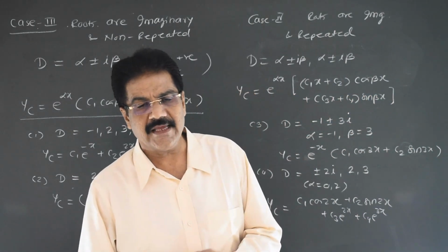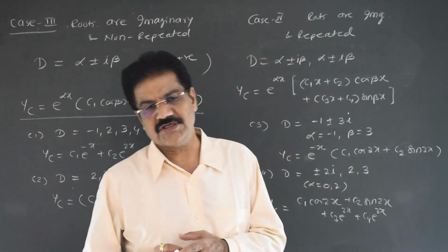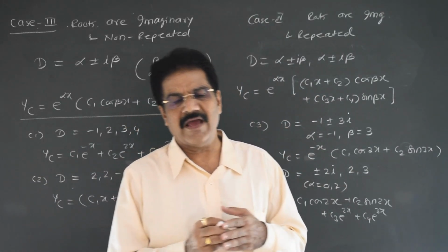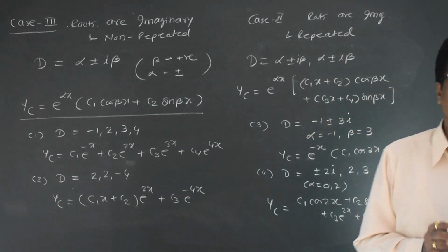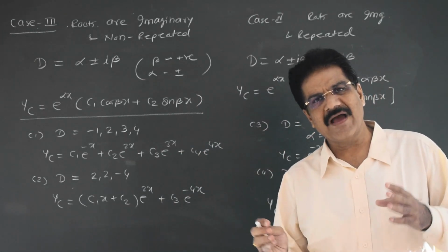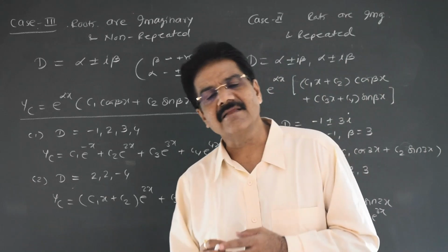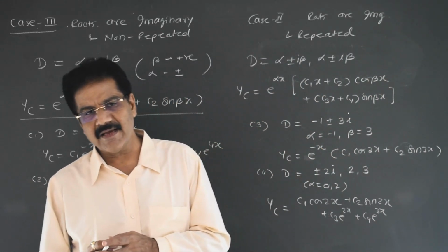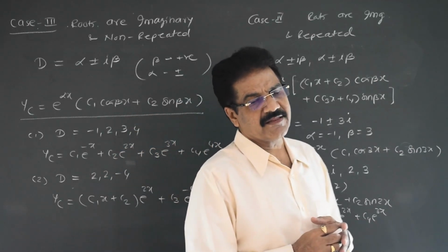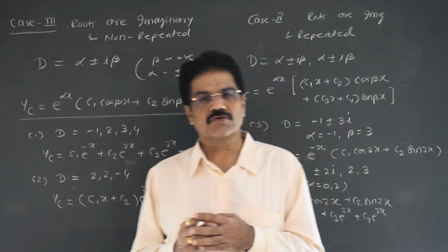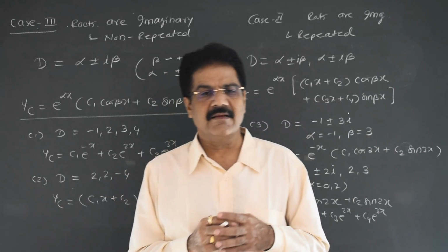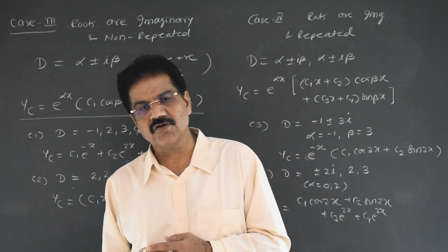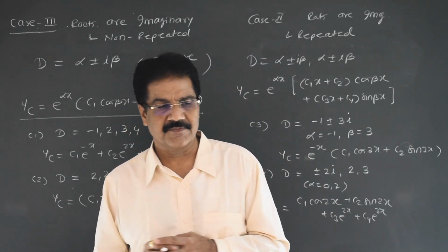Now we are going to study how to find the particular integral, yp, the second part of the total solution. Remember that there are 3 methods of finding yp. Number 1 is called the general method, number 2 is called the shortcut method, and number 3 is called the method of variation of parameters.